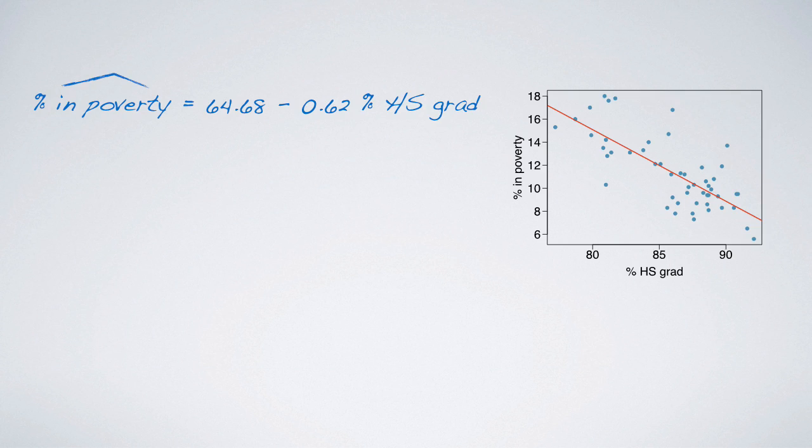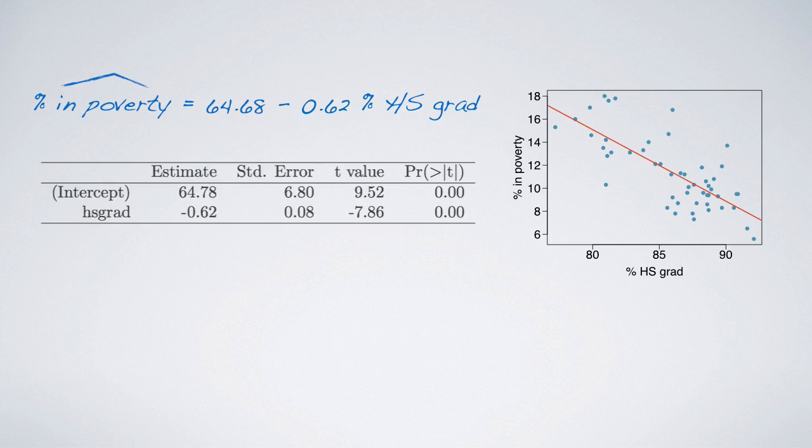If instead of calculating these values by hand, we had actually used computation, the regression output would look something like this. Depending on the software you're using, you might get slightly different formatting, but usually this is the general construct for the regression output. We can see our intercept, and we can see that it's slightly off from what we calculated, and that's probably simply due to rounding.